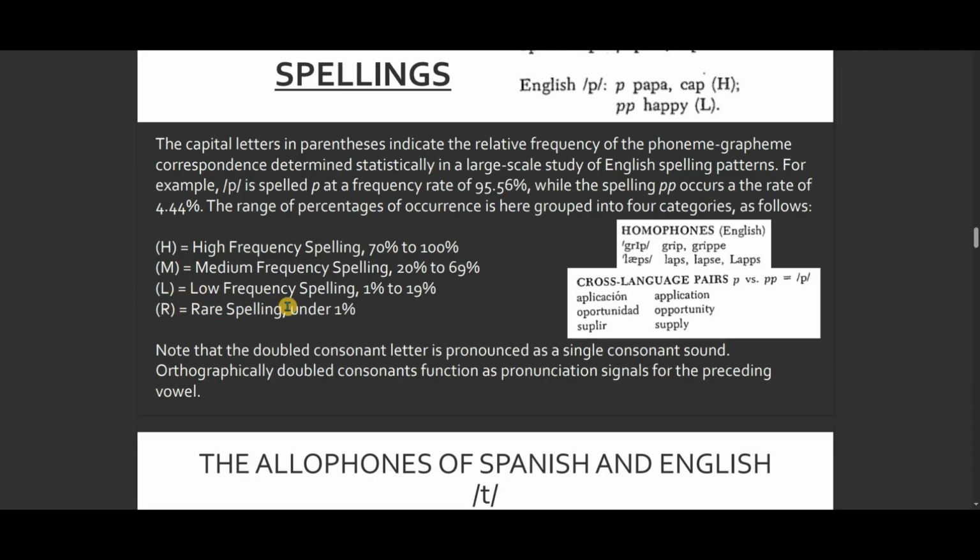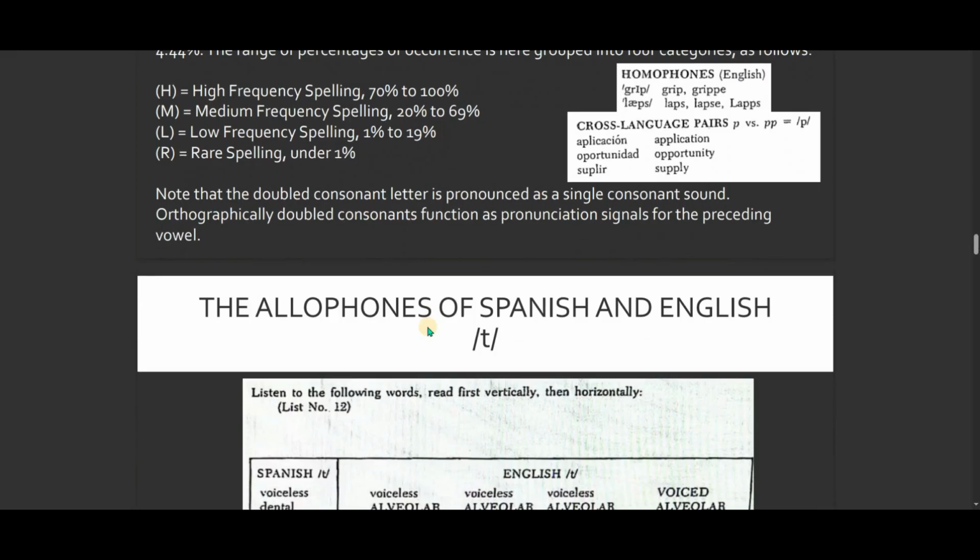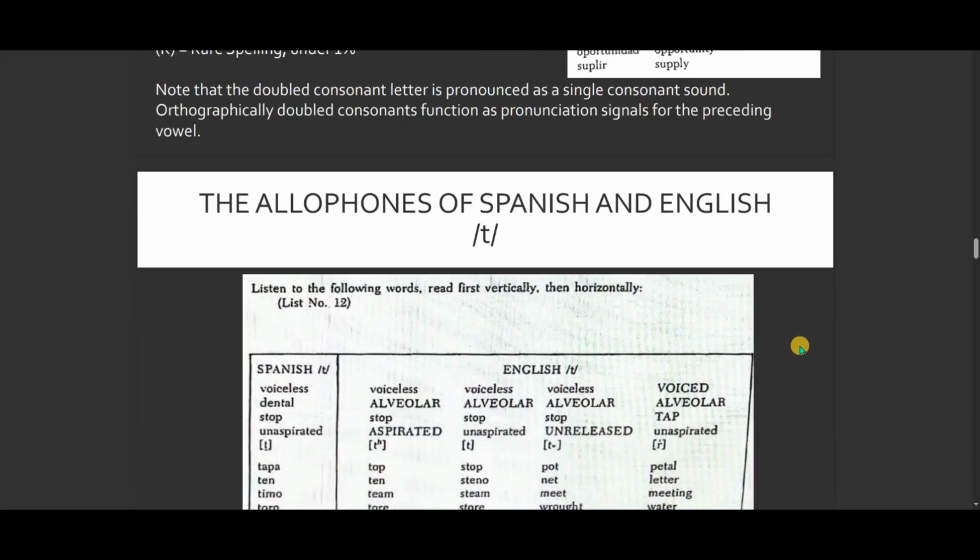Capital L meaning low frequency, spelling from 1 to 19%, and capital R meaning rare, spelling under 1%. Note that the double consonant letter is pronounced as a single consonant sound. Orthographically, double consonants function as pronunciation signals for the preceding vowel.